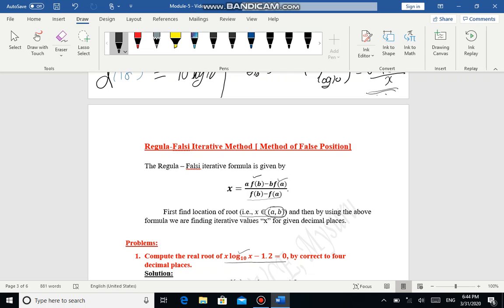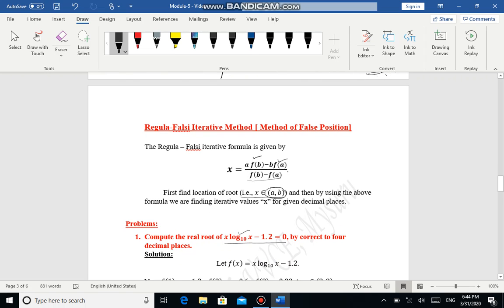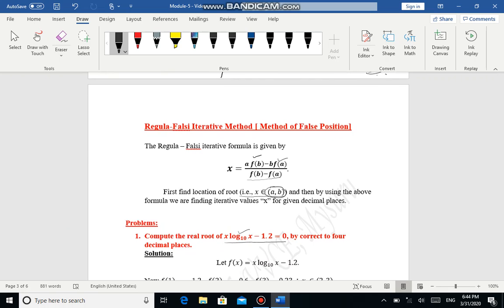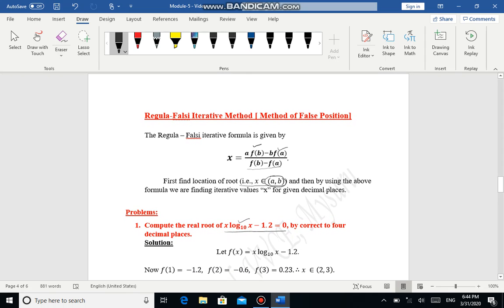So first we need to find the location of a root. For that, consider the given equation as f of x and find the location by replacing x by 1, 2, 3. I told you already, when you have a log function, we won't start from 0 because log 0 is not defined. So we take f of 1 first.